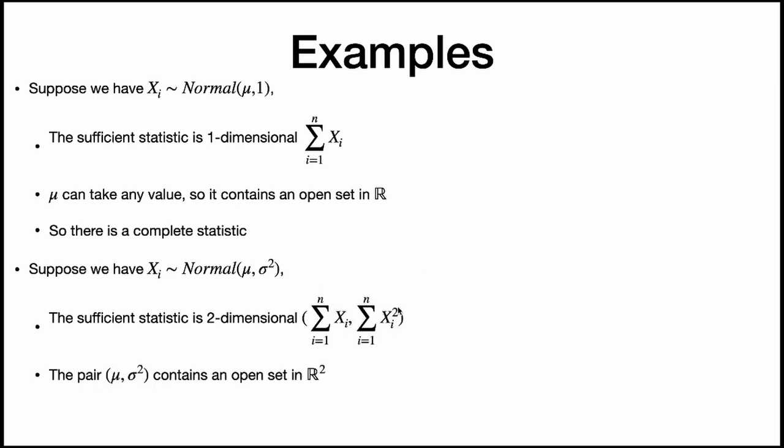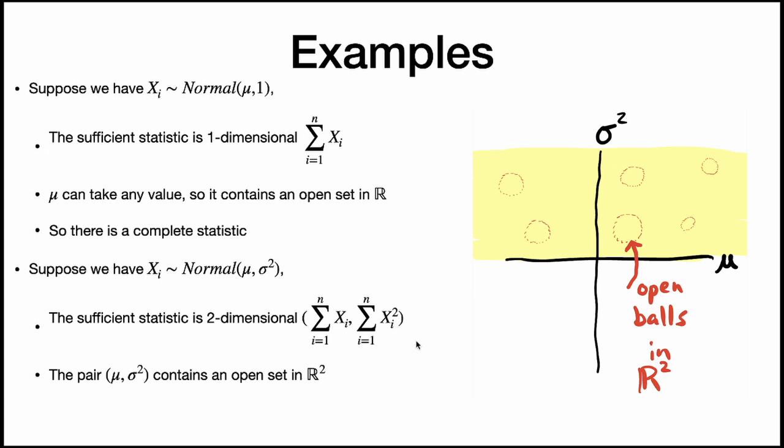Now that we have a 2-dimensional sufficient statistic, we want to know if our parameter space contains an open set in R2. Our parameter space is all real numbers for mu and all positive numbers for sigma squared. What values can this pair take? It can really take any number.